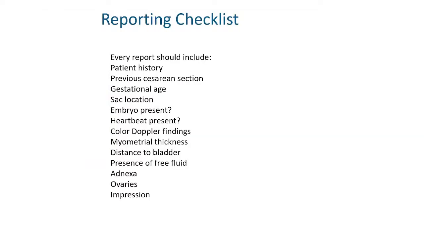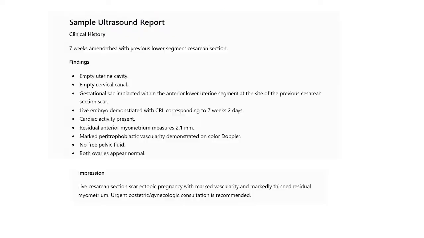So now, this is the reporting checklist. When you are doing the report, every report should include the patient history, the previous cesarean section, previous gestation, the gestational age, sac location, the embryo present or absent, heartbeat present or absent, color Doppler findings, the myometrial thickness, distance to the bladder, then presence of free fluid, the adnexa, the ovaries, then the final impression.